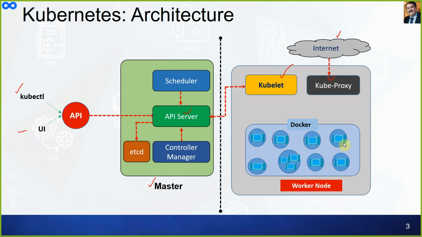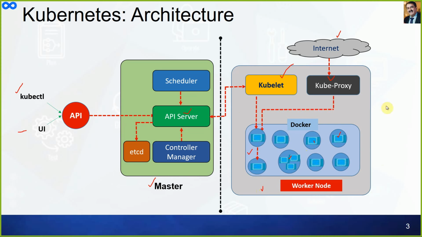You can see in this figure, this is a single container, this is a single container, this is a 3 container pod. So these are pods, managed by Docker or Podman, and the Kubelet takes care of this through Docker or Podman to manage these containers. This is the worker node. This is the architecture of Kubernetes.